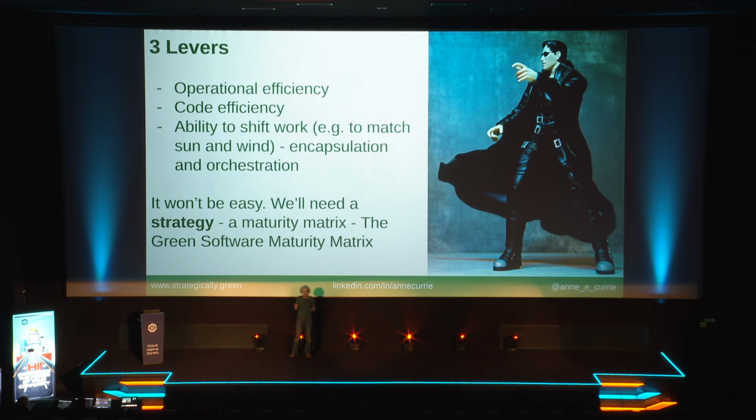And the final lever that you have to pull in building green software is the ability to time shift and location shift your workload. So identifying CPU intensive workloads that you have and trying to make them less time sensitive so that you can shift them to when the sun is shining or where the sun is shining or the wind is blowing.